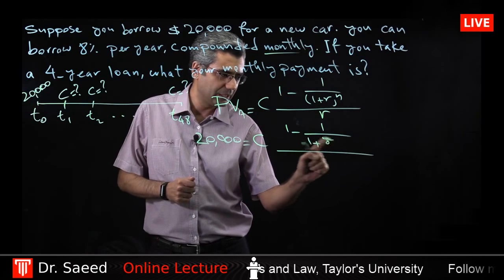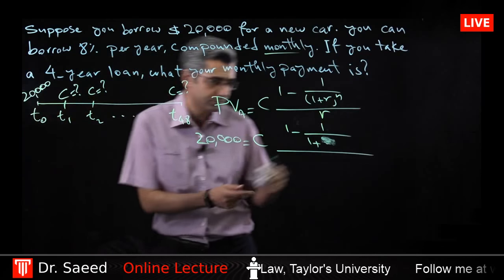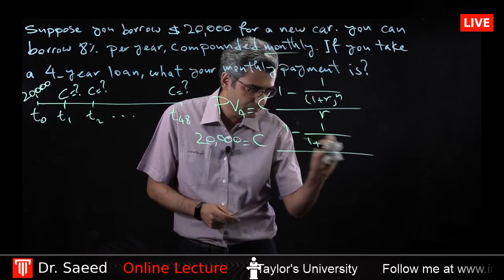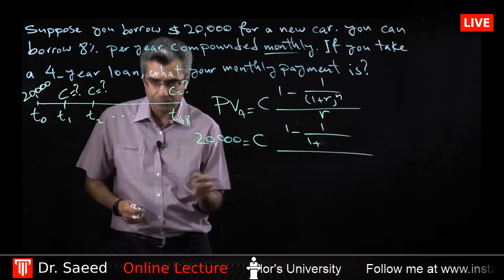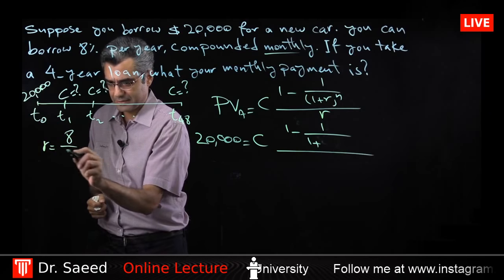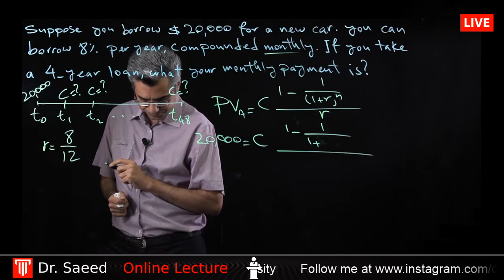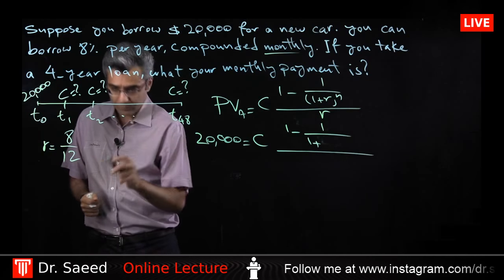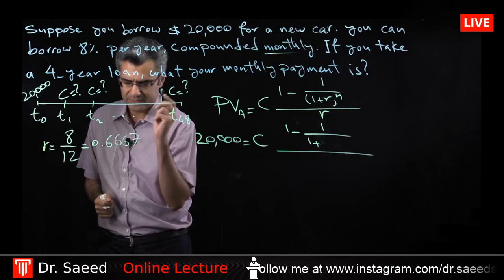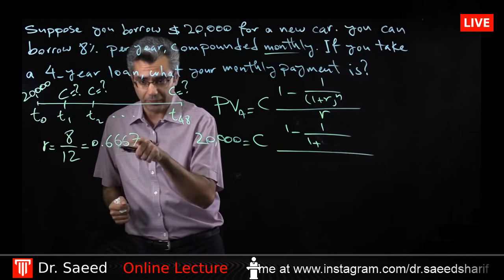So instead, I will first compute it. Okay, so the interest rate per month is 8 divided by 12, and 8 divided by 12 is 0.666, okay, 7. So now this is the interest rate per month, right?